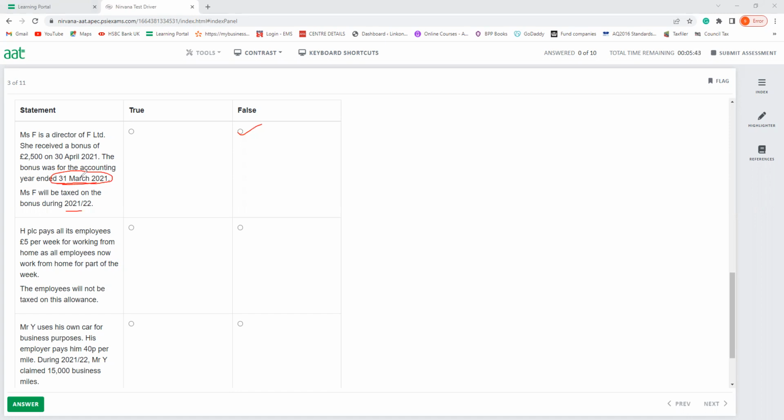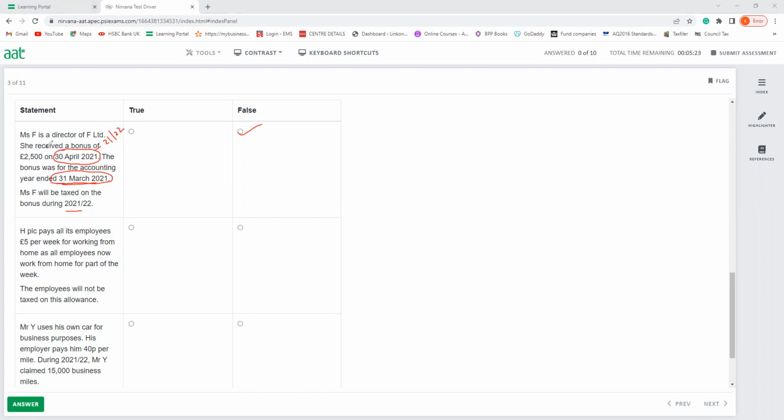So there are two things. One is the bonus is entitled, and one is actually the bonus is received. Here, even though the bonus is received in April 21, that is in 21-22, the next year, actually the bonus was entitled last year.